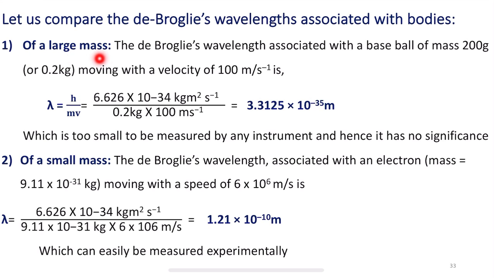In the first one, of a large mass, the de Broglie wavelength associated with a baseball of mass 200 grams or 0.2 kg moving with a velocity of 100 meters per second is lambda equals h divided by mv. h is the value of Planck's constant, 6.625 into 10 raised to minus 34, divided by 0.2 into 100, which equals 3.3125 into 10 raised to minus 35 meters.